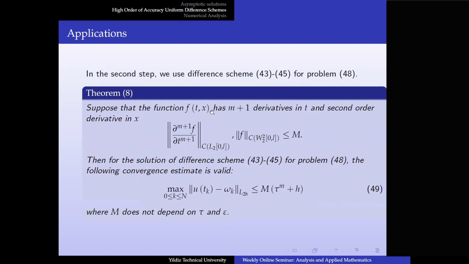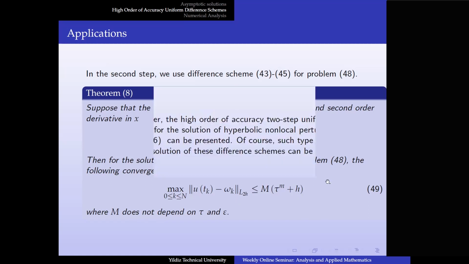Suppose that f of t, x has m plus first derivatives in t and second order derivatives in x in the operator in the space C. This inequality holds. And then for the solution of the difference scheme for problem 48, the following convergence estimate 49 holds, where m does not depend on tau and epsilon.